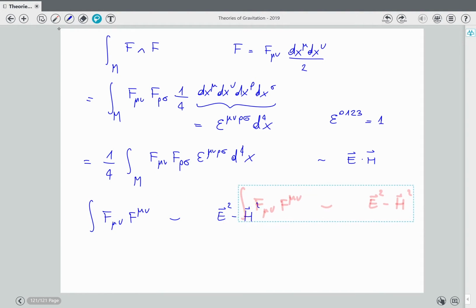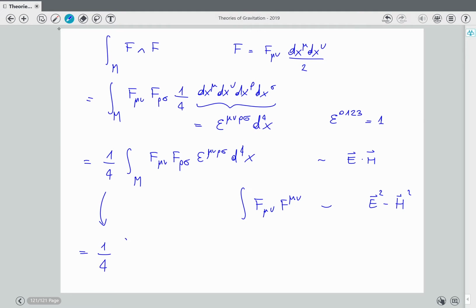This is easy to prove, because if you replace F_{mu nu} with what it is, that's 1/4 times the integral on M of d_mu A_nu d_rho A_sigma epsilon^{mu nu rho sigma} d^4x. But you can also write it that way.